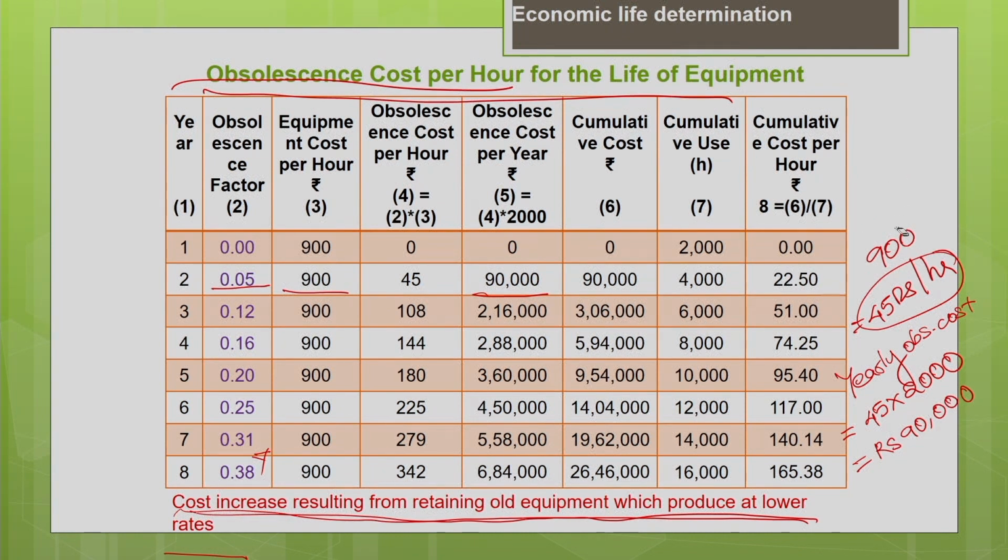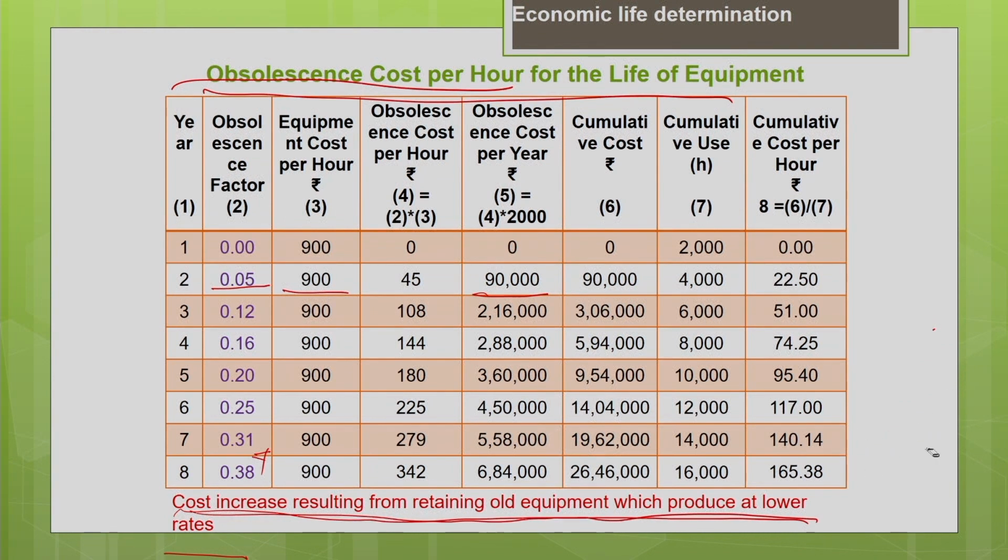Now, similarly, calculate the obsolescence cost for the second year. The obsolescence factor is 0.12 for the second year, multiplied by the equipment cost: 0.12 into 900 gives you 108 per hour. This is your obsolescence cost. Okay, your equipment cost is 900 per hour, but your obsolescence cost is 108 per hour.